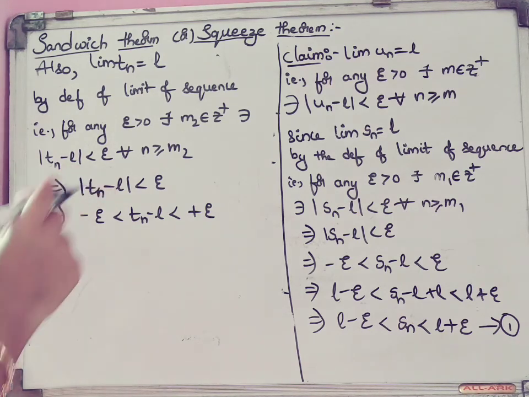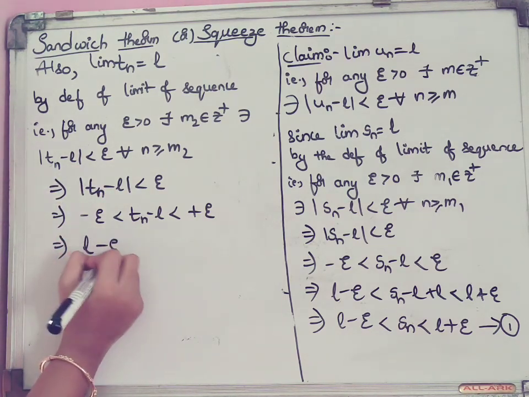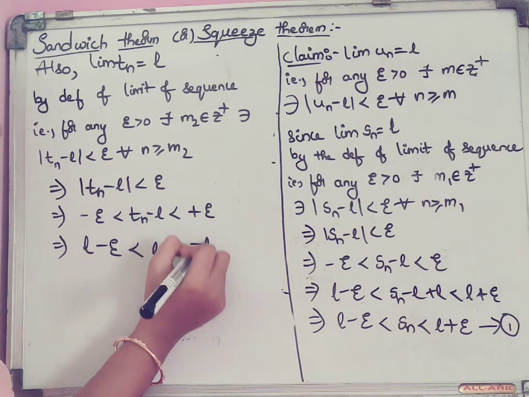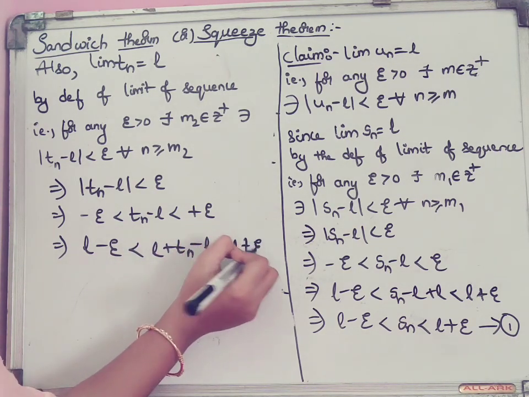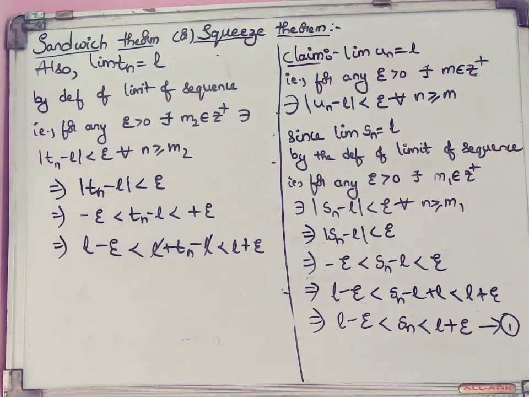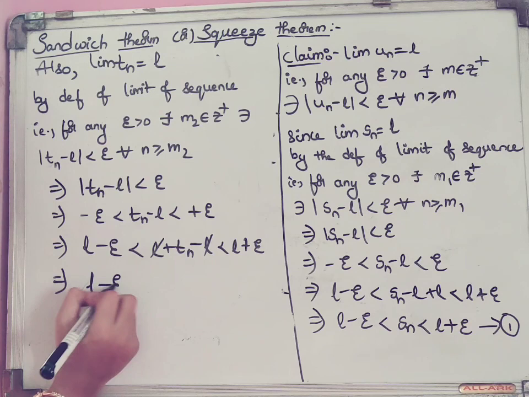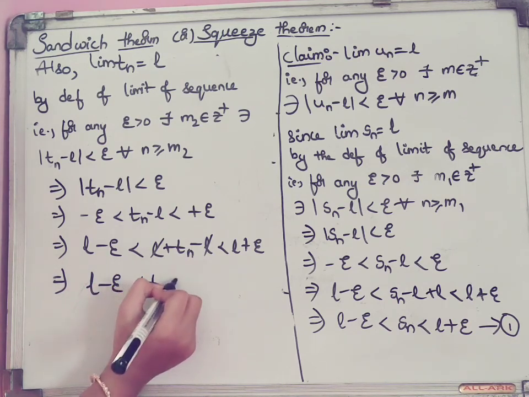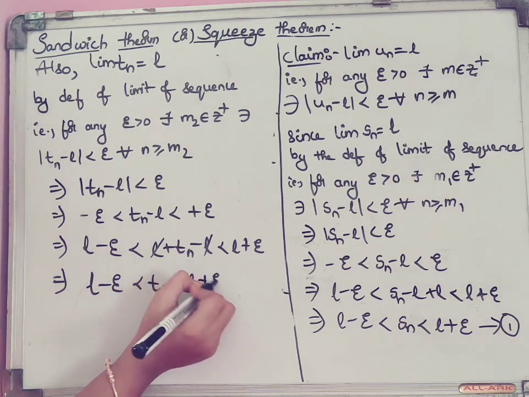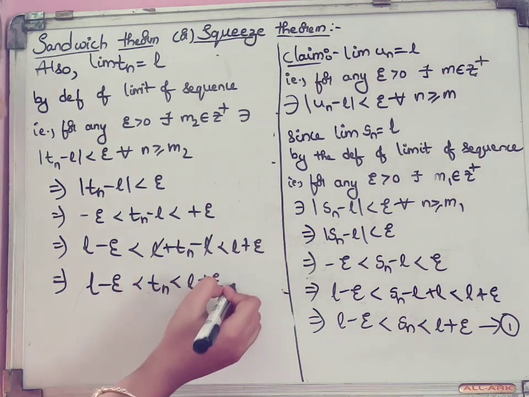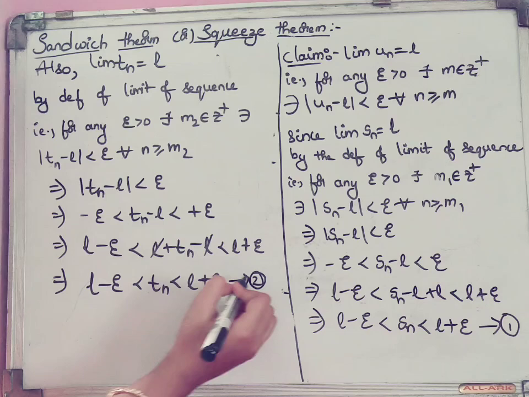Again throughout the inequality add L. L minus epsilon less than Tn less than L plus epsilon. This is our second equation.